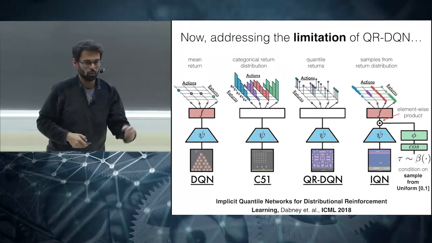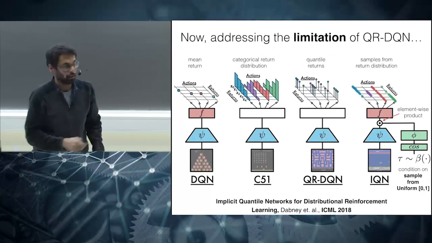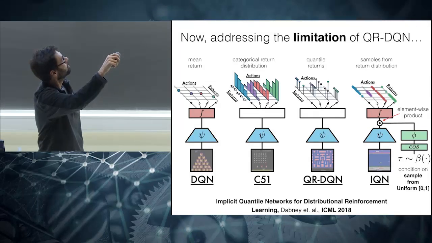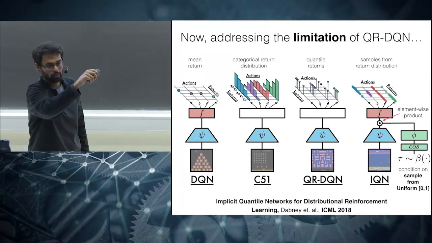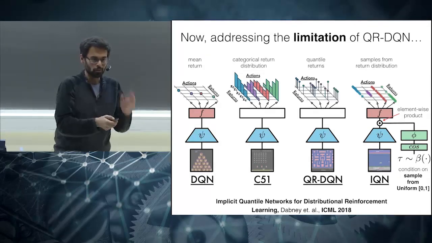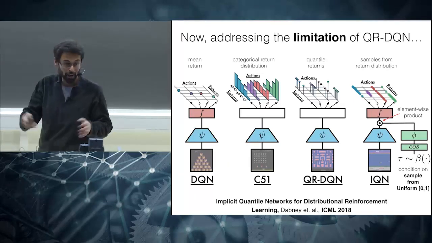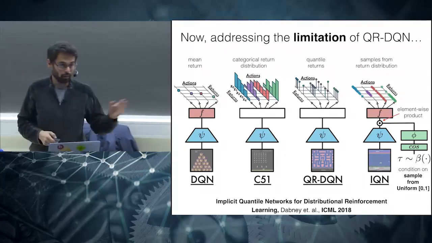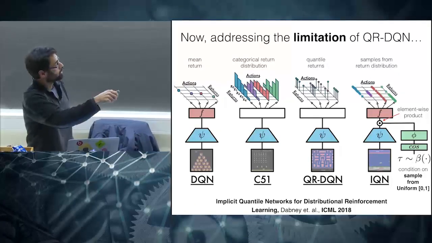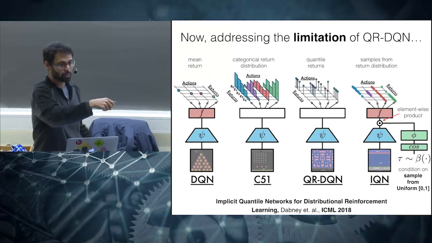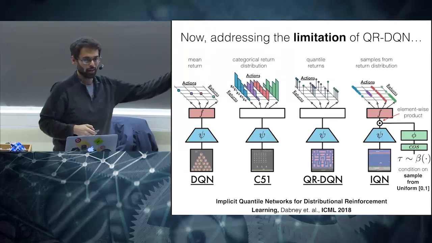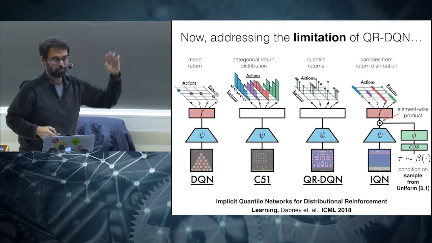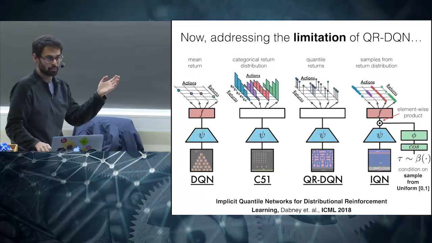You give it a tau, as many taus as you want, and you get many values for each action. And you can use all those values and use the same loss that has been defined for this quantile loss to learn a representation and the implicit quantile distributions for each of the actions.